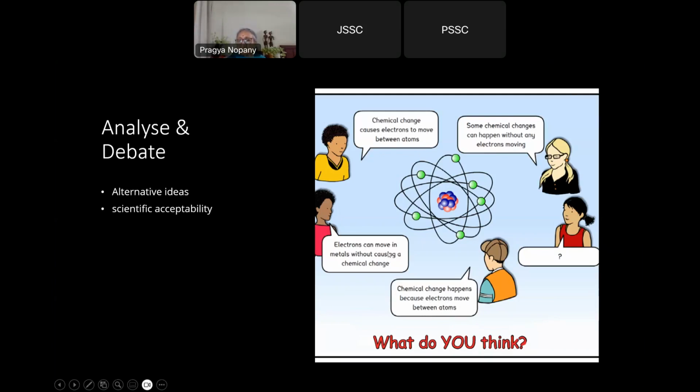This person says electrons can move in metals without causing a chemical change. Now, these are the different alternative ideas. But which idea is acceptable scientifically? So, when children have the data and then they make an inference, we can also make them debate which inferences are scientific and which inferences are not scientific.